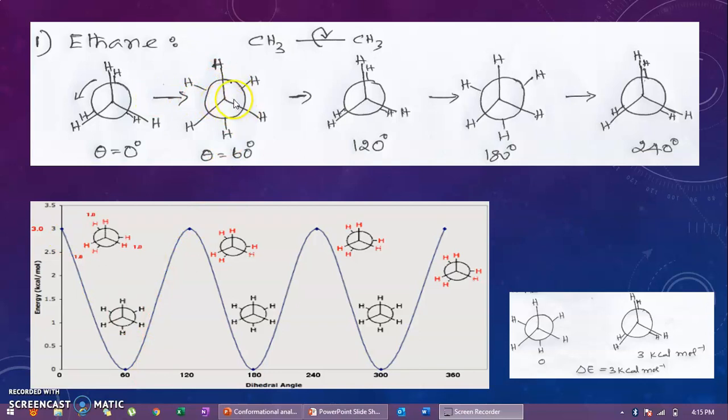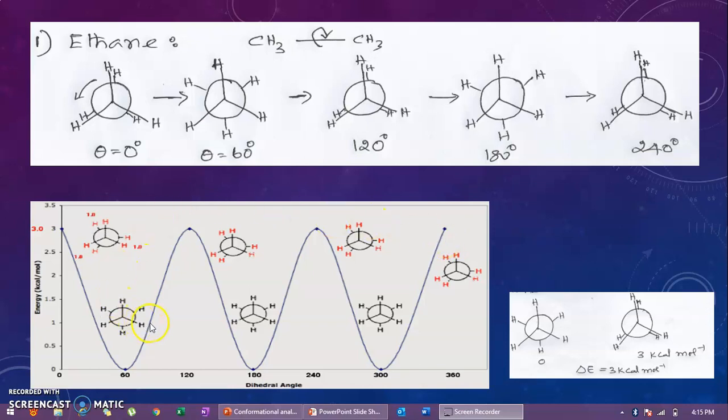For the staggered conformation, the energy is actually very low, but for comparison purpose we assume this value as 0. Again at 120 degree we will get eclipsed conformation, then again staggered, again eclipsed, again staggered, like that it goes.